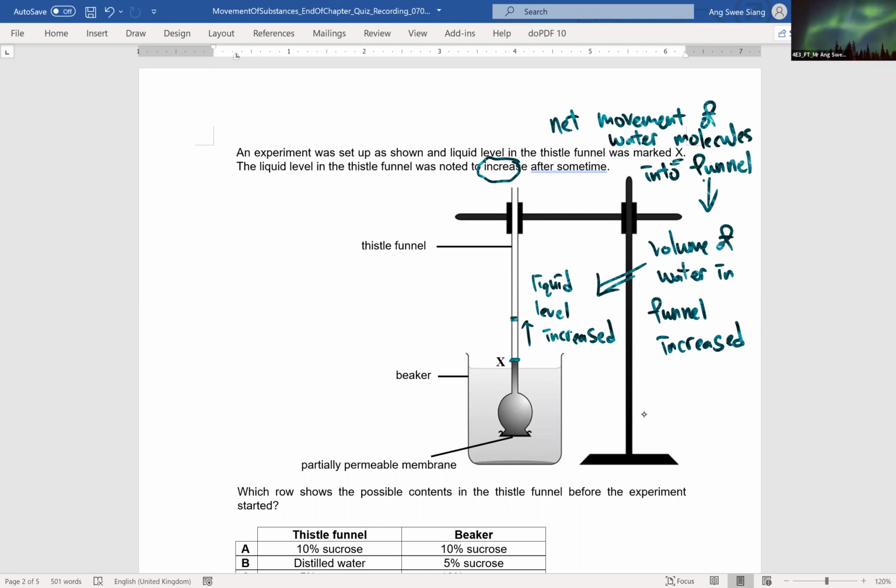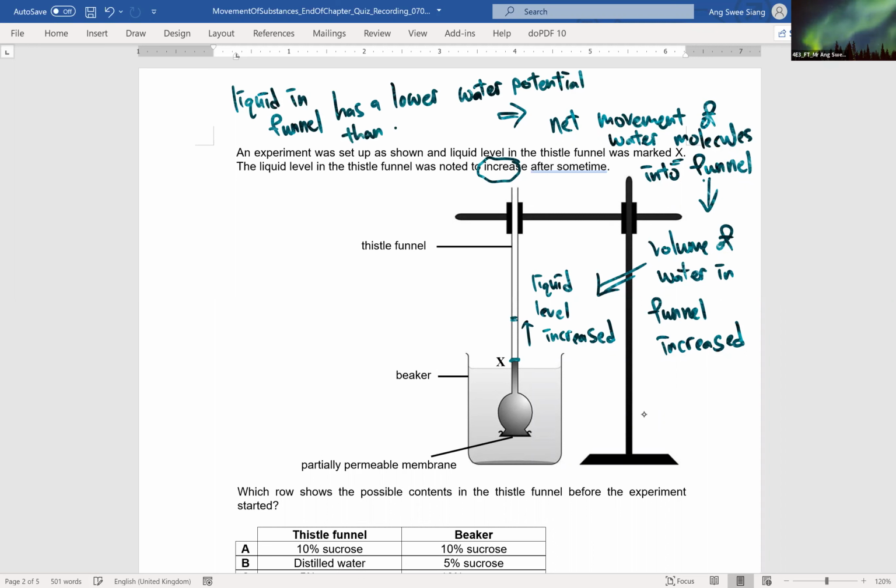And this can only happen if the liquid in the funnel has a lower water potential than the liquid in the beaker.